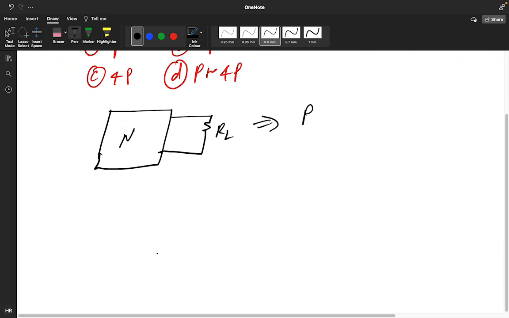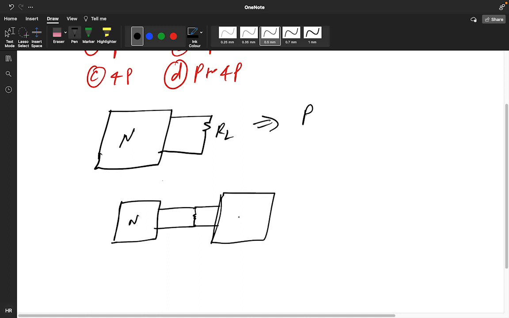Now they are saying that when two complex networks like this are connected, then this RL, the new power P new will be what?